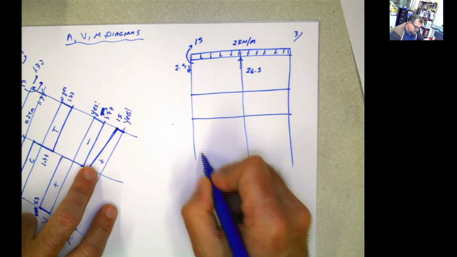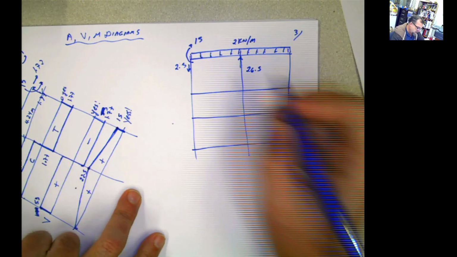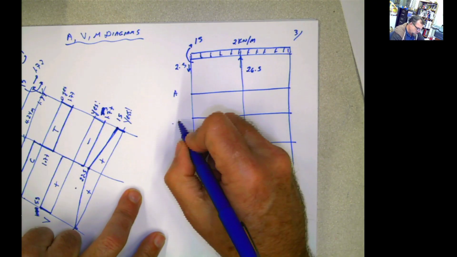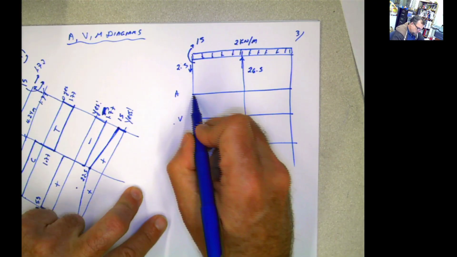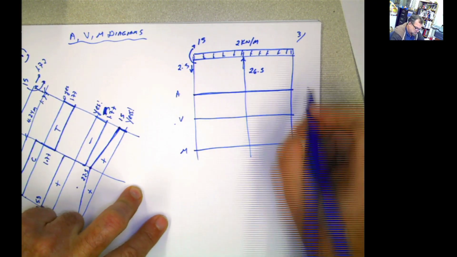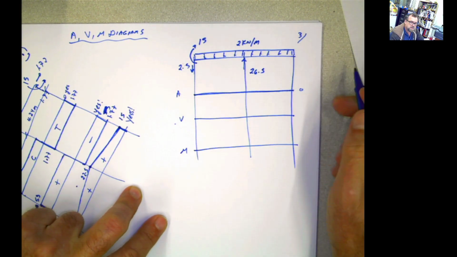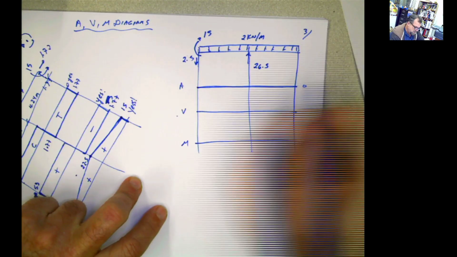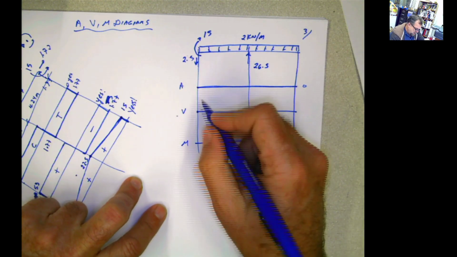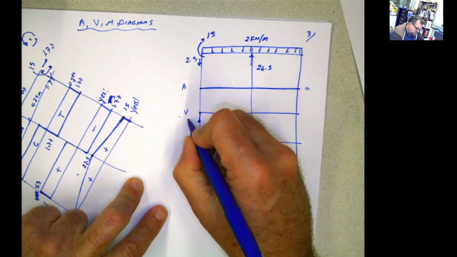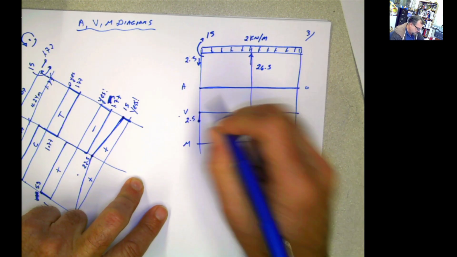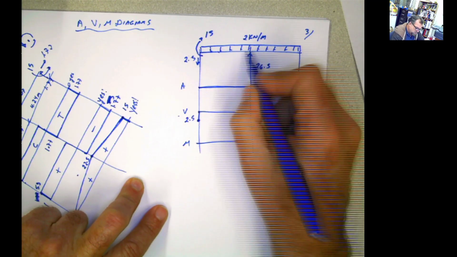shear, and moment. Let's start with the axial. This is called an axial diagram. Done. Axial. There's no axial force. Shear. Find the force. Pushing it down. 2.5. Negative. Then you have this force, which is also negative.